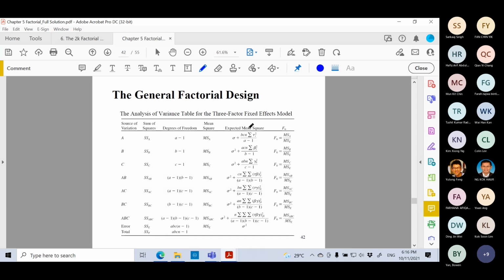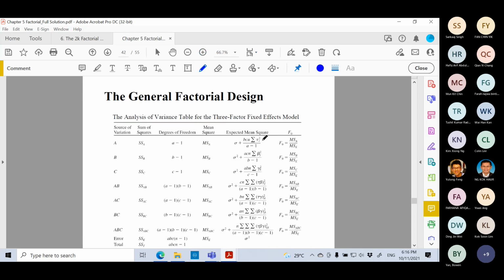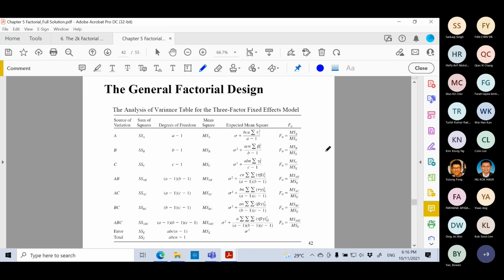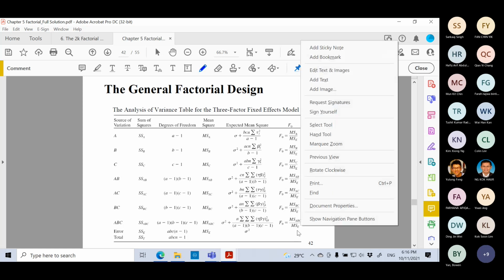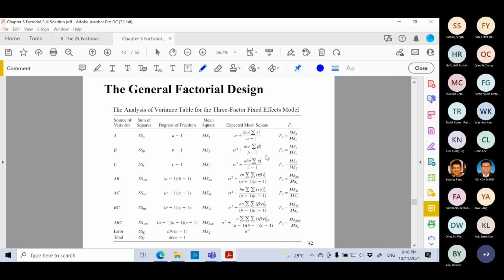So this is a sum of squares, which I believe you all have seen before. This is the sum of squares for factor A until factor ABC. Of course, because your n is more than 1, you have an MSE here. So all the test statistics, as you can observe here, are MSA divided by MSE, and all the testing can be based on the F distribution.